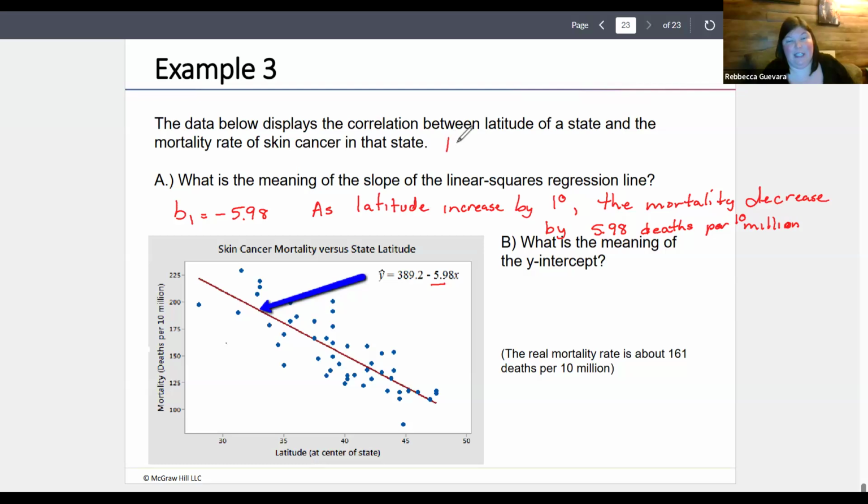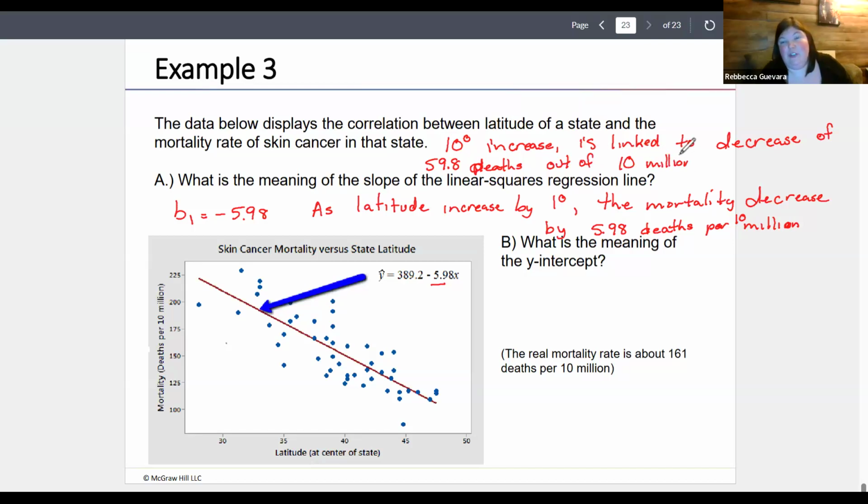That means that if I increase by 10 degrees, I go further north, a 10-degree increase is going to be linked to, not cause, a decrease of 59.8 deaths out of 10 million.